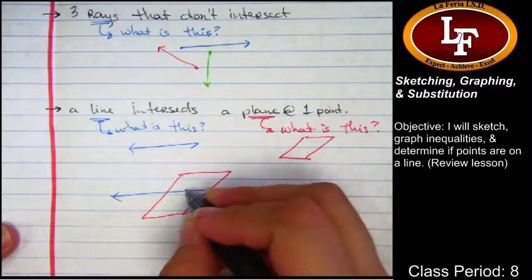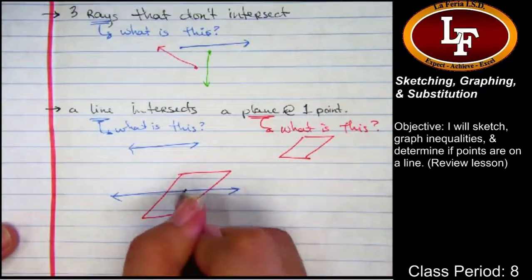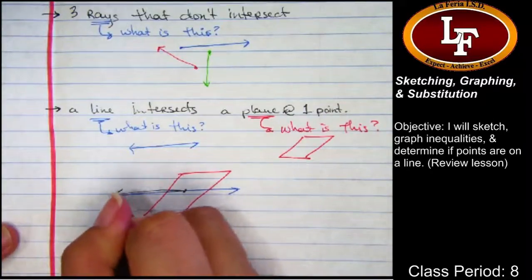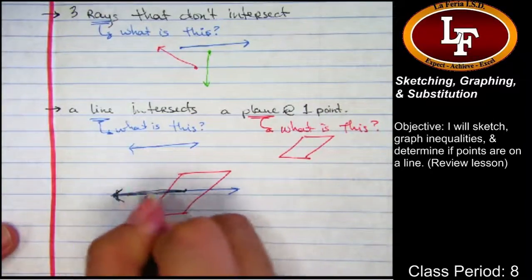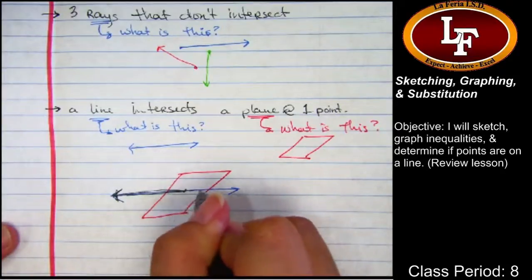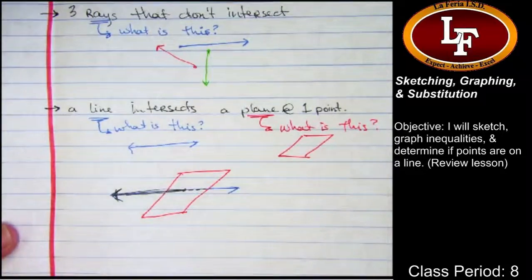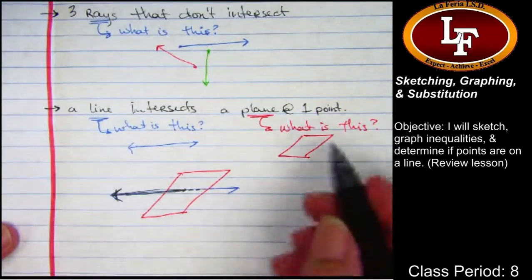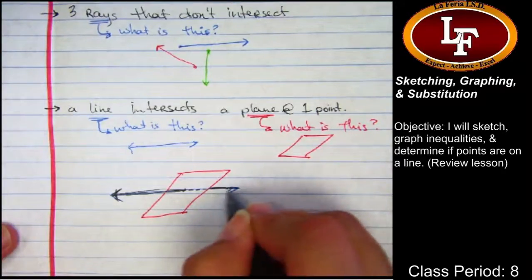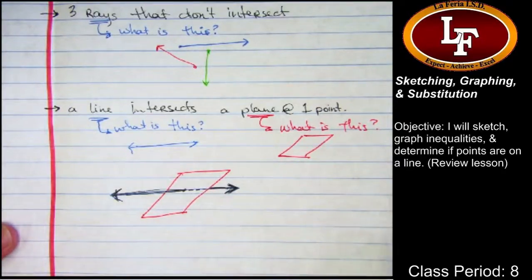So I'm going to put a point here, and then I'm going to take this line, and I'm going to make it full dark on one side, and then dashed so that it looks like it's underneath that plane, and then dark again when it's coming out. Do you see how I did that sketch? Yes, to make it look like it goes through.